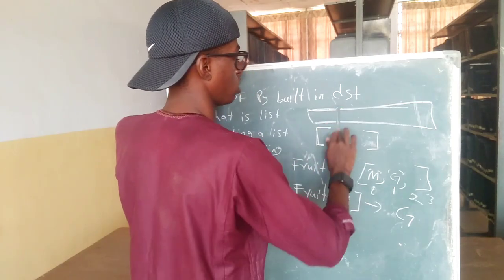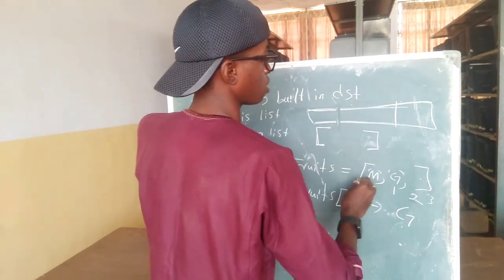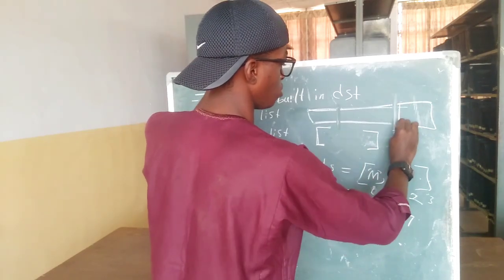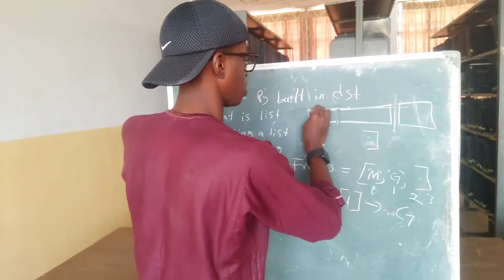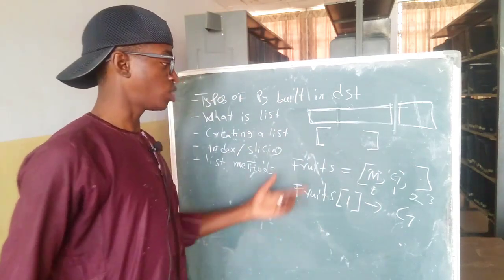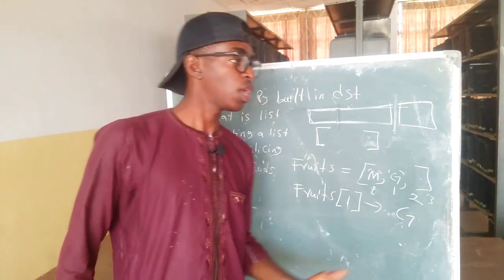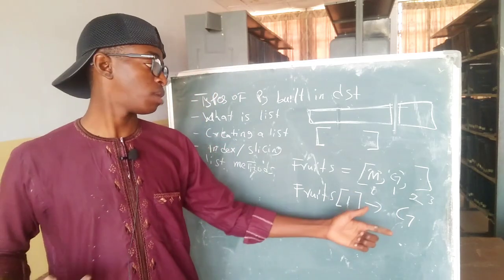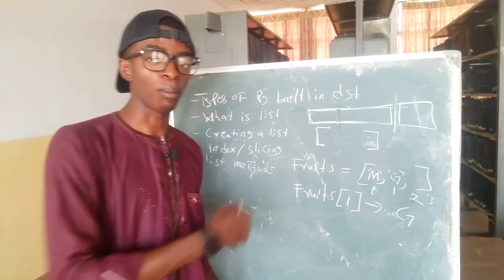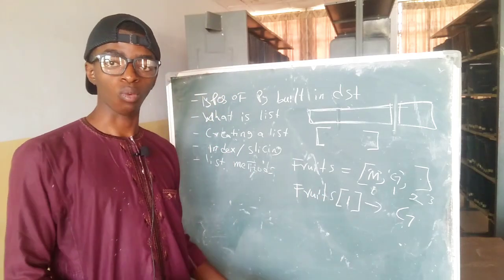Or I can just say, let me take here. So I'm slicing them so that now it's going to be different. This is how slicing works. In our list, if we have thousands of elements, we can slice some portion of those elements and work with them.